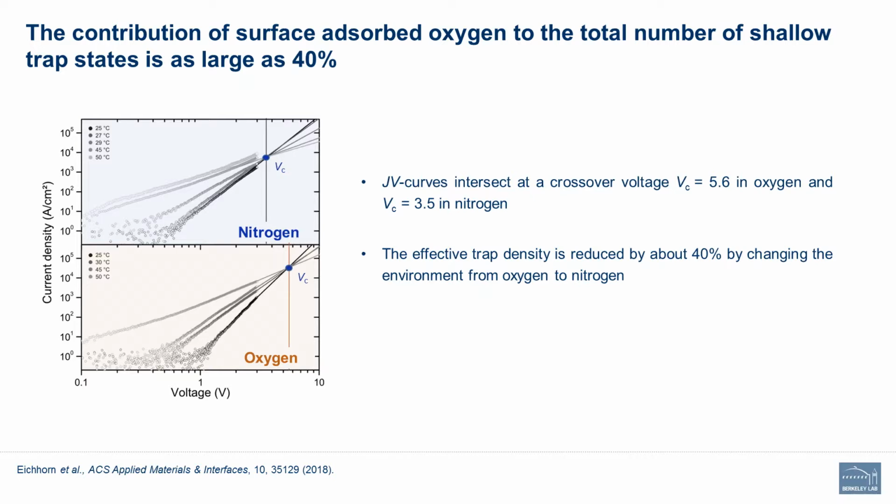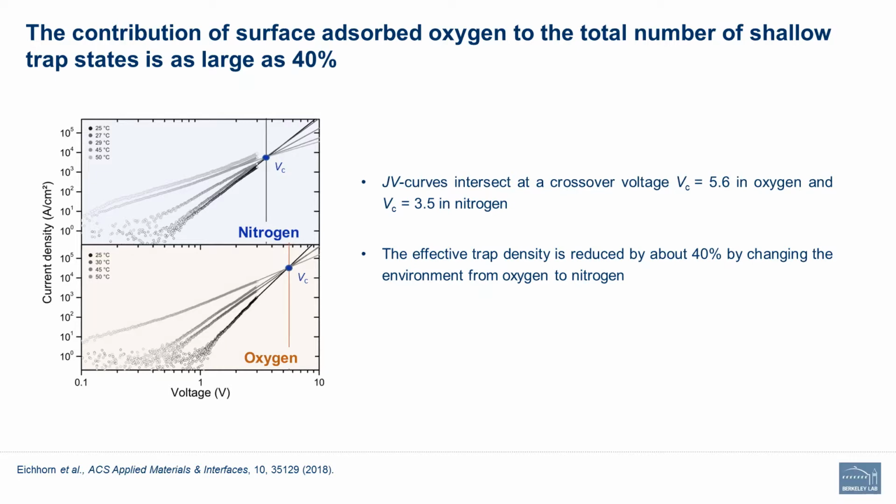However, if we compare nitrogen and oxygen, we see a clear shift of the crossover voltage, which can be translated into a change of the effective trap density to be reduced by 40% when we change it from oxygen to nitrogen.